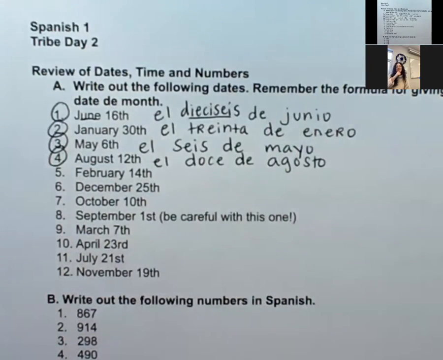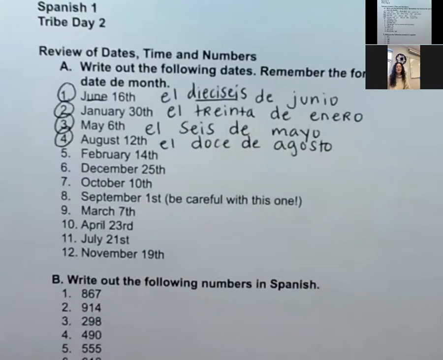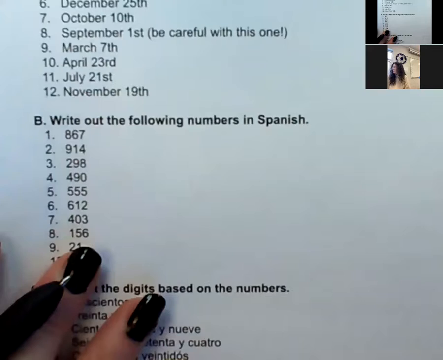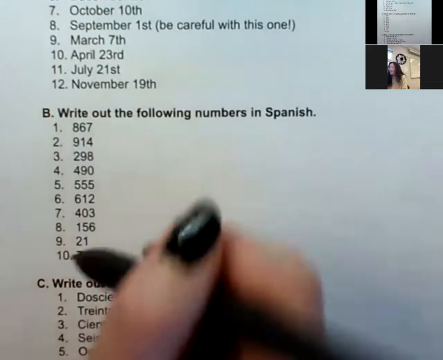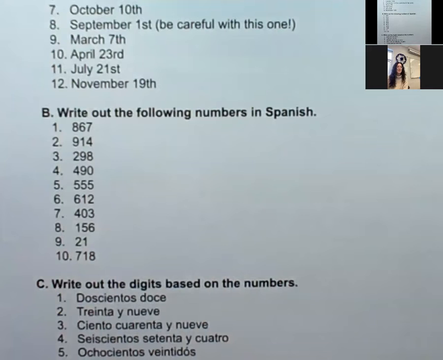Spectacular. So I'll have you guys do the rest on your own. And then for section B, we're not going to write out notes for this, just because I think you guys can reference your notes and it'll be quicker for you guys to just reference your own notes. But we will do some examples.